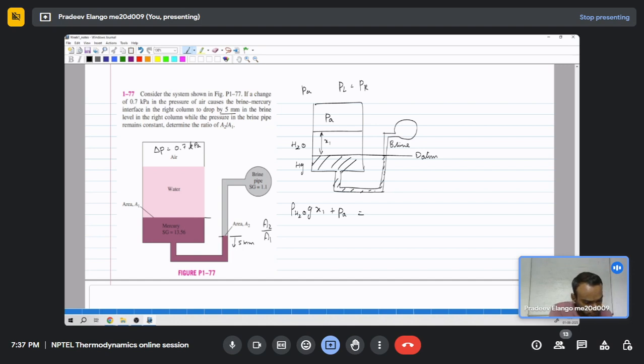This should be equal to, considering this column height is x2, rho of brine solution into g into x2, and then the pressure at the brine pipe. This I take as equation 1. The second condition: we have reduced the air column pressure by 0.7 kilopascal.